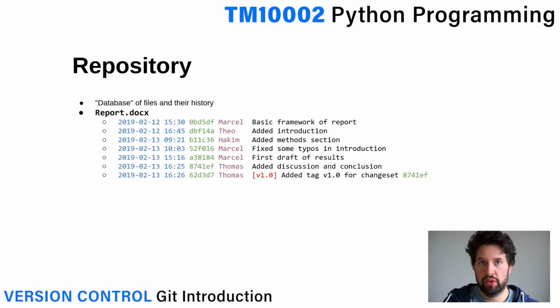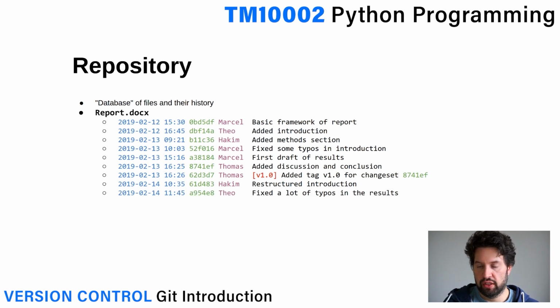And at some point you can say, okay, this is a special change, and we give that change a name, a tag. And in this case, the tag is v1.0. This is handy for later reference as well. But we come to that later in the next lectures. Okay, and you can still continue working on it.